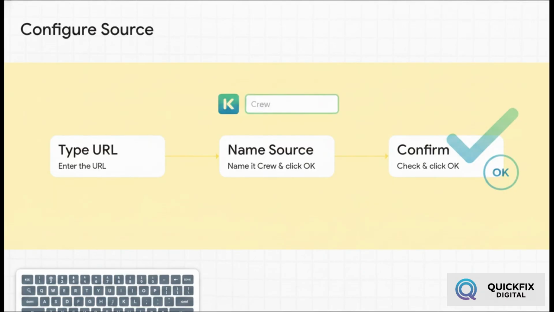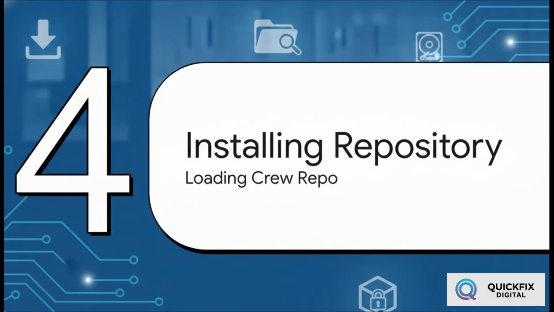Once you've got that URL typed in exactly as shown, drop down to the very next input box and name the source Crew. That way your system easily recognizes it later. Give it all one final really good visual check for any sneaky typos, and then hit OK to save that configuration.